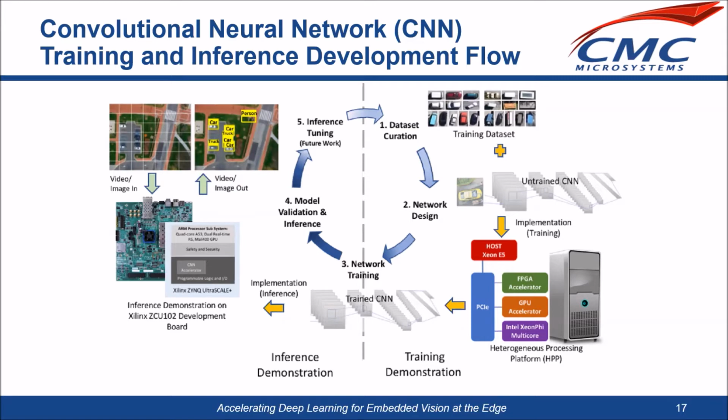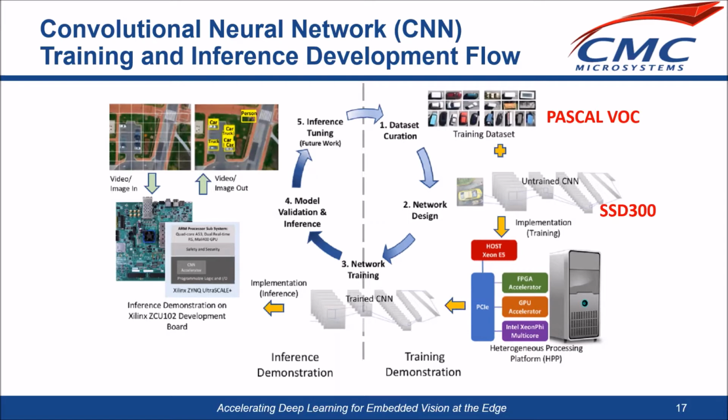In our case, we selected PASCAL VOC for a training data set and SSD 300 for the CNN. The next phase is training, which uses the annotated training data set to determine the weights in the CNN by comparing the result of running data through the CNN with the expected results and making incremental adjustments until the error is acceptable.